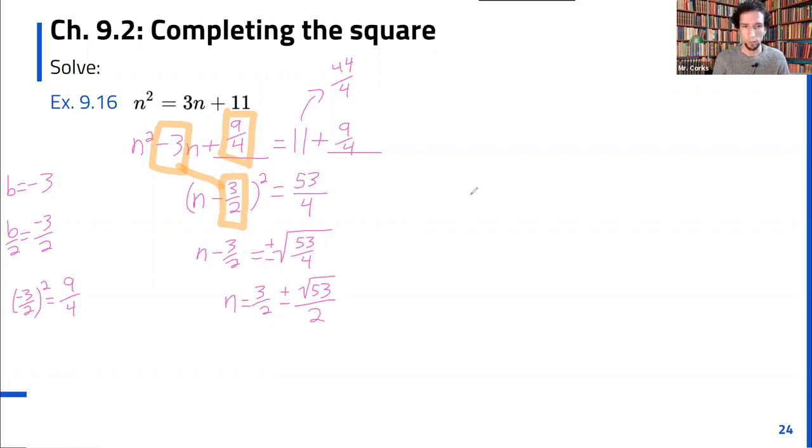So remember, square root of 53/4, we can split that up into square root of 53 over square root of 4, then just reduce the square root of 4. Okay, and then we just have the two versions of n. It's this one or that one with the plus and with the minus. We've done that a bunch of times. I'm going to skip that part here.